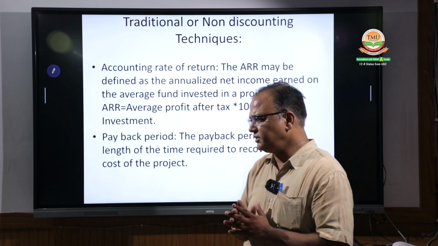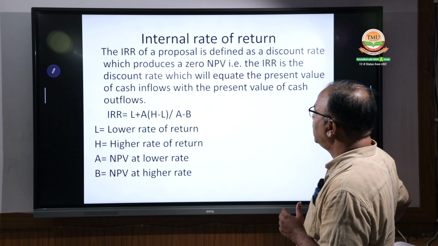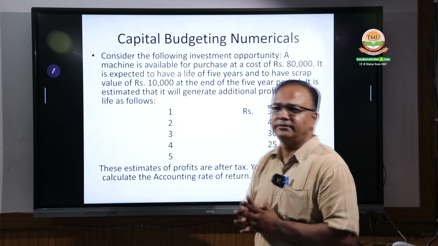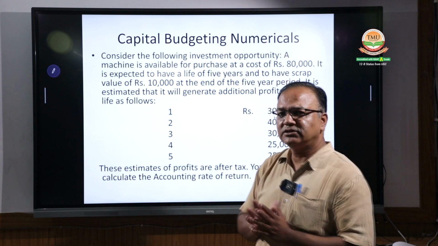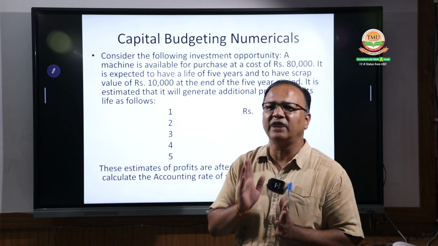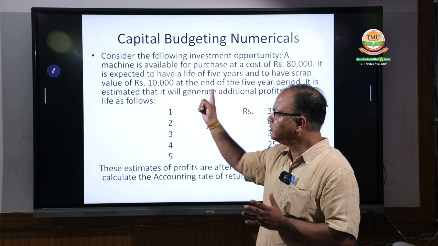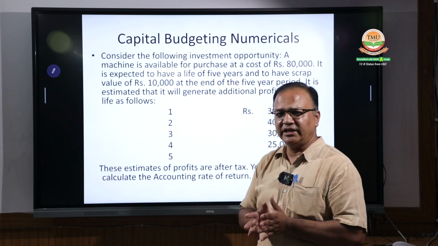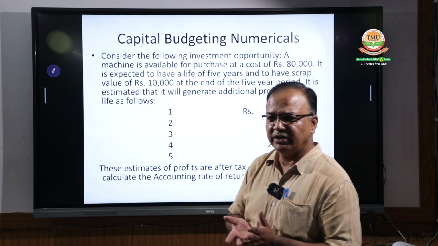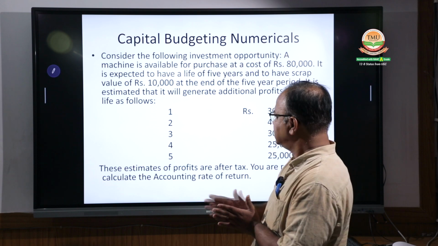In the given question, the cost of machinery is rupees 80,000. The formula is cost minus scrap value, divided by 2, plus scrap value. The cost is 80,000, scrap value 10,000, divided by 2 is equal to 35,000. Now let's start the question.